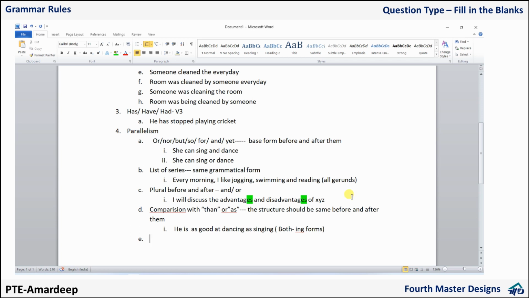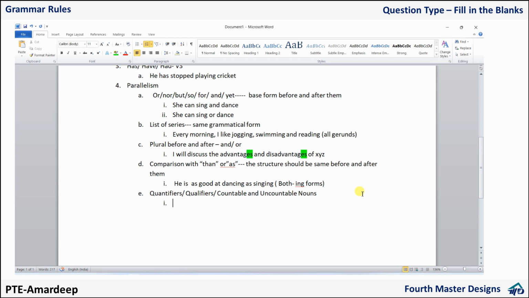Singular, plural, countable and uncountable nouns. I'm combining them because the rule is kind of the same, so I'm writing them under one heading only.